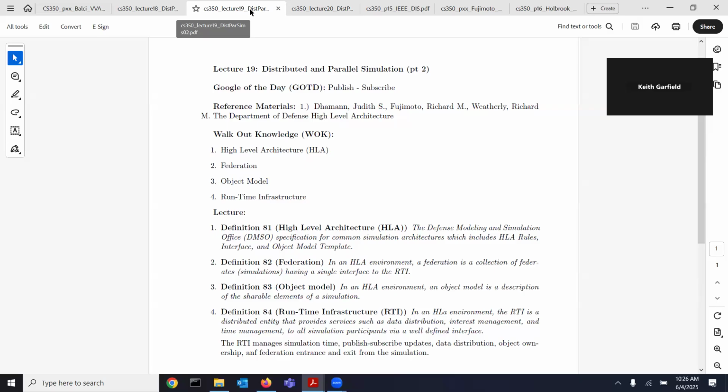And then what the RTI does, it gets all the messages and it says, okay, you subscribe to these messages, I'm going to send them to you. You subscribe to these messages, I'm going to send them to you. So what it's doing, it's an information management system, and it's supposed to cut down on the amount of messaging traffic we have, which, as you recall, was the limiting factor in these distributed simulations.